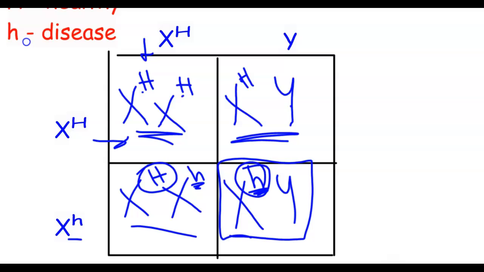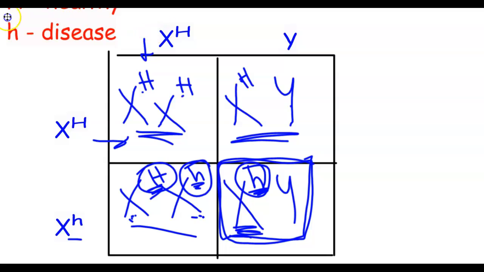So colorblindness is more common in boys than girls because boys only have 1 X chromosome. Girls always have 2. So in the case of this person, although they have this lowercase h, they also have the dominant, which is kind of like a backup. So this person's healthy. This boy has, let's say, colorblindness and can't see orange squares in the green circle, right? So that's how that could get passed on. That's a sex-linked thing because it's on the genes that determine boy or girl. And it's kind of fun to see that it's always going to be a 50-50 chance of having a boy or a girl.